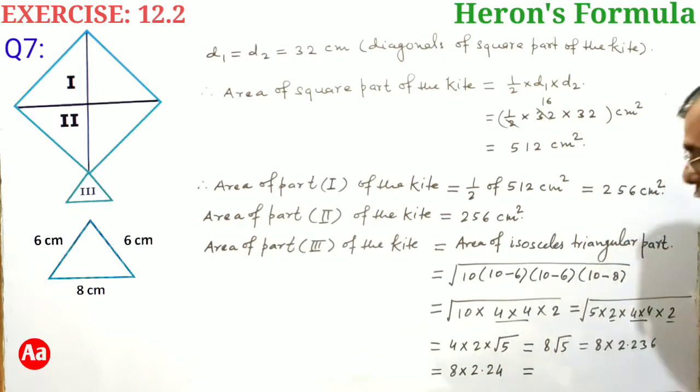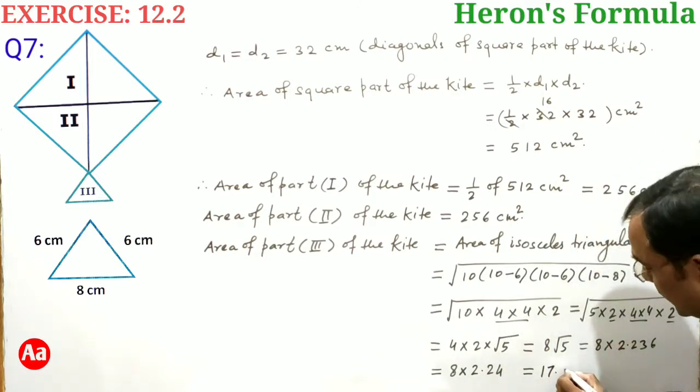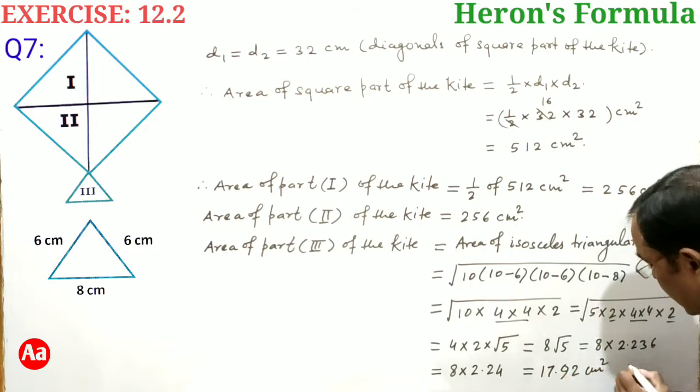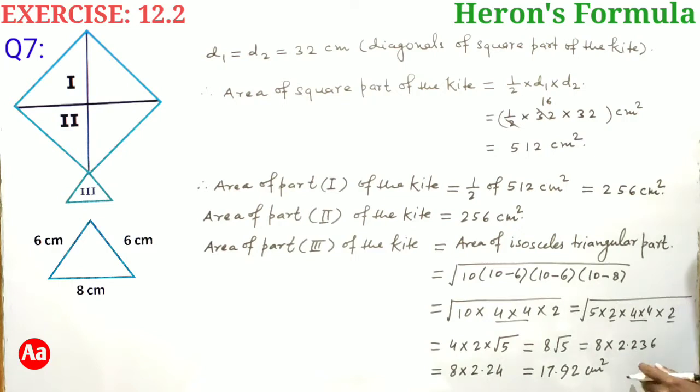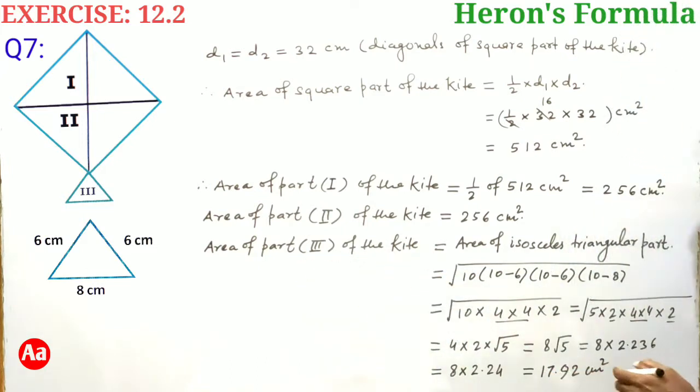So 8 into 2.24 is equal to 17.92 centimeter square, and this is approximately the area of the third part of the kite, and this is the answer.